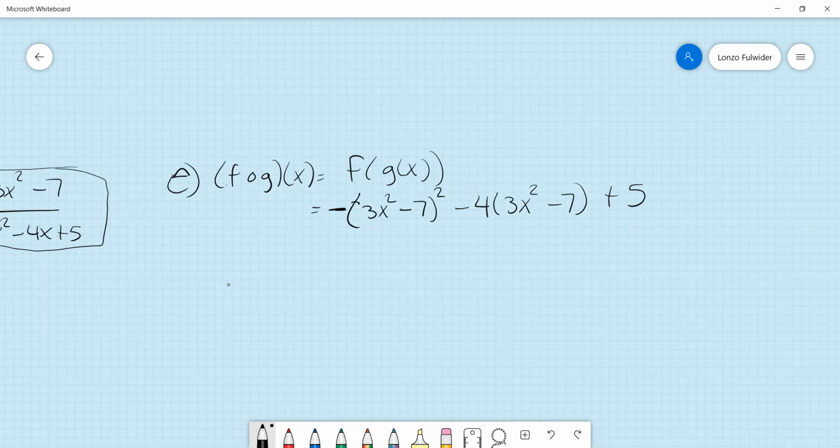When you square this, don't distribute the negative first, just FOIL this out. You're going to get 9x fourth minus 42. Whoops, I think I did the wrong one. Sorry, I did the wrong one. So let me erase this. Yeah, that was F.